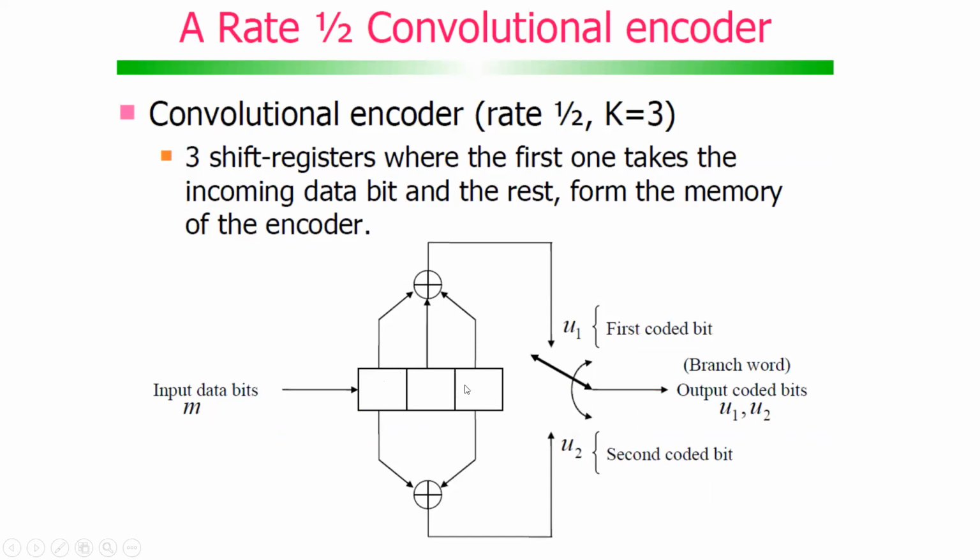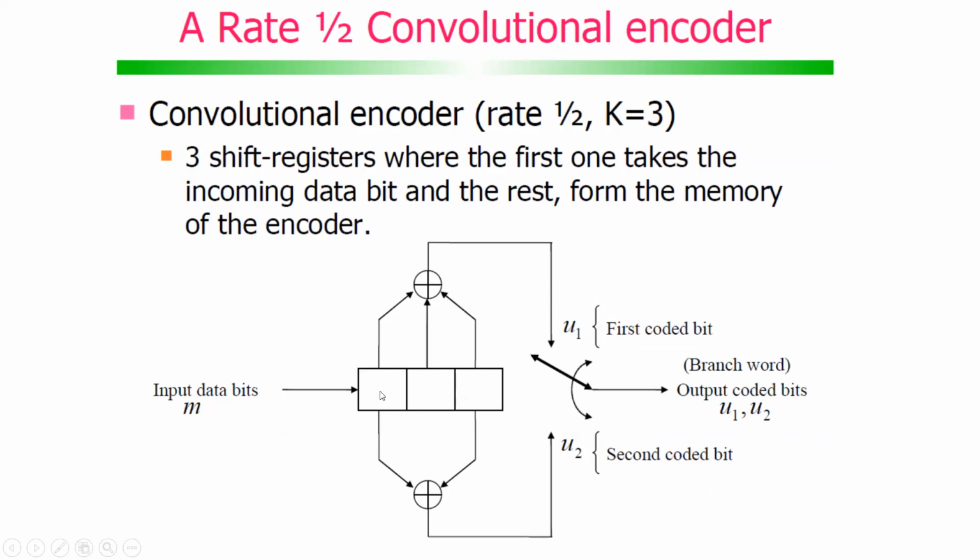Actually, there are 2 memory elements. This is a shift register kind of block shown here. So the first square corresponds to the input bit that is coming, and the second and the third actually form a shift register, right?